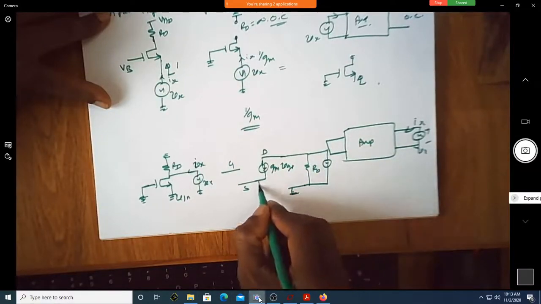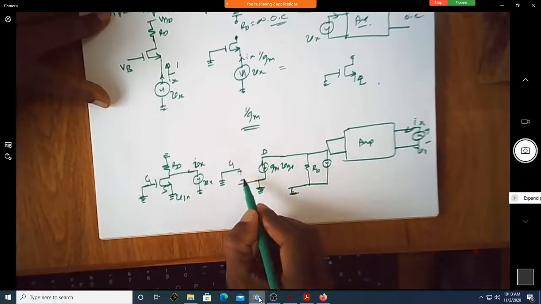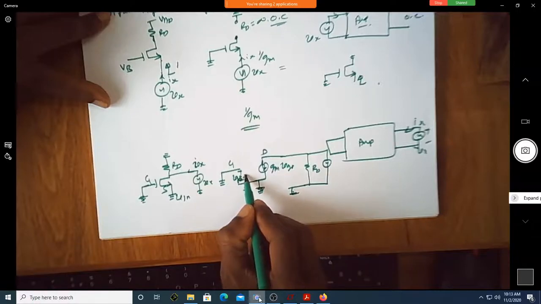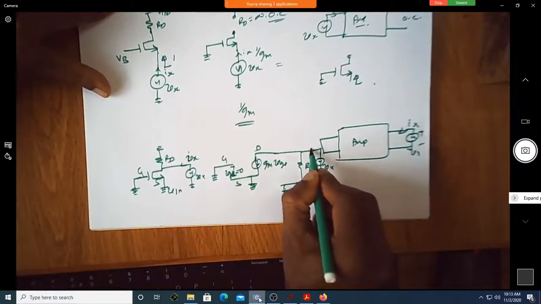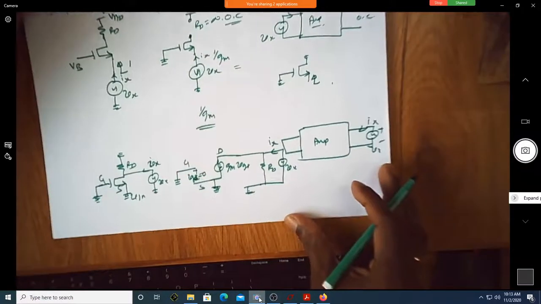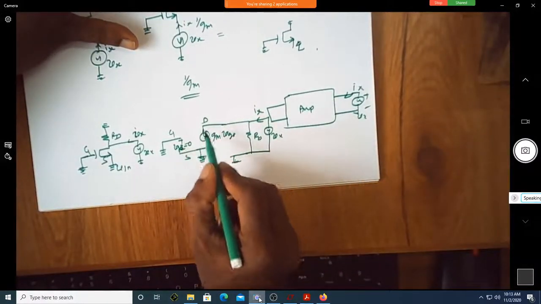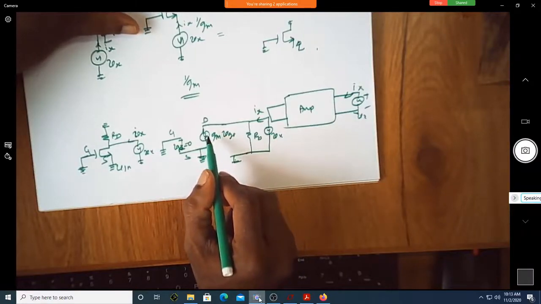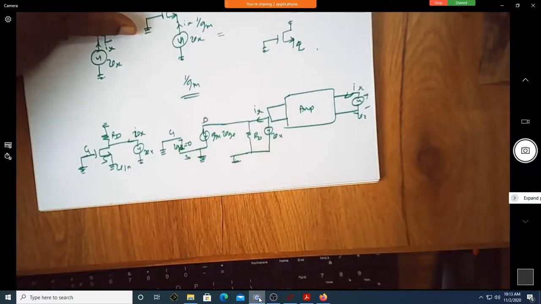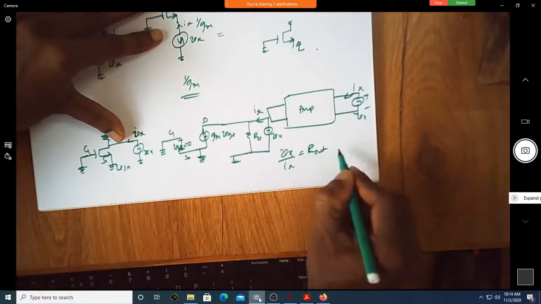Source is grounded, gate is also grounded, so VGS is 0. When VGS is 0, gm VGS becomes 0, so the current source is an open circuit. So Vx by Ix, which is nothing but R out, is equal to RD.